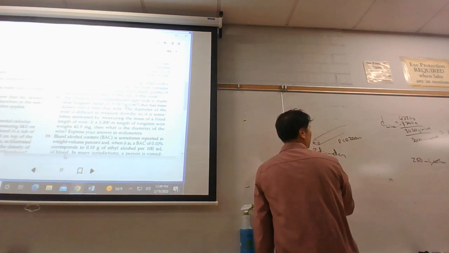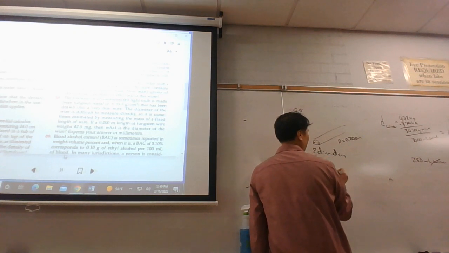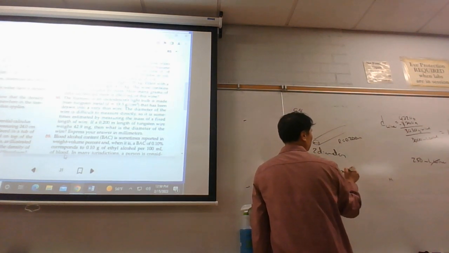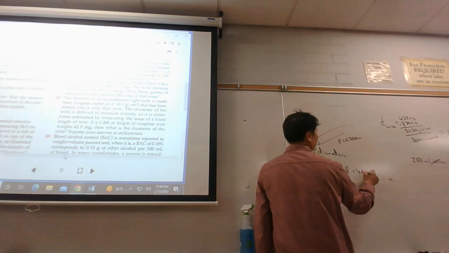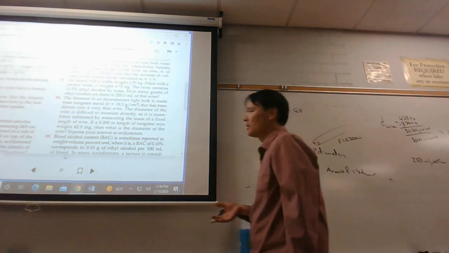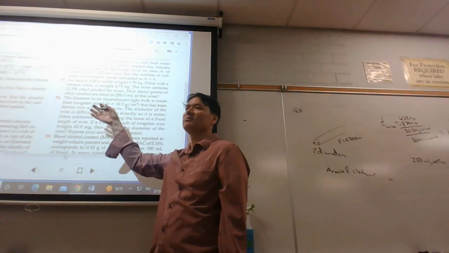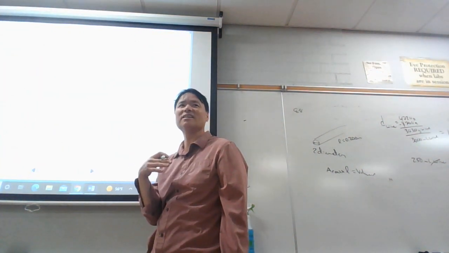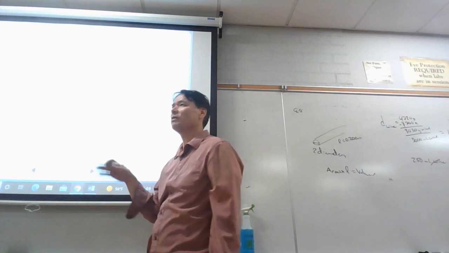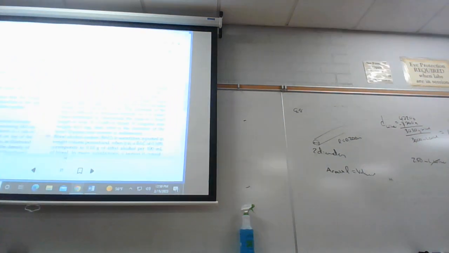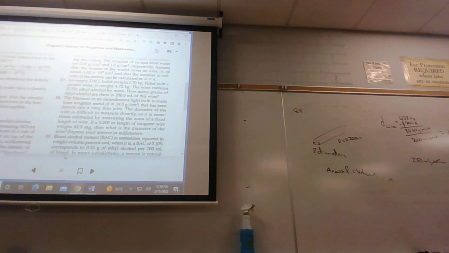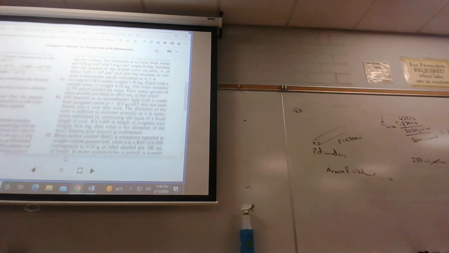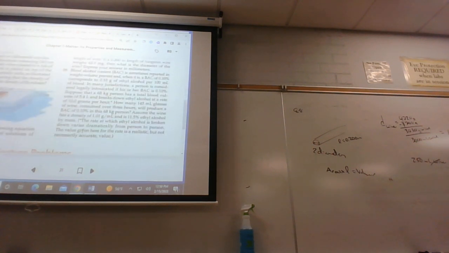In this case we're solving for the diameter. But anyway, it's the area times the length, which is going to give us the volume. So this problem is just the same as the earlier problem, except we're solving for a different variable. Pretty straightforward? Yeah, that's pretty straightforward. So I'm going to skip it.